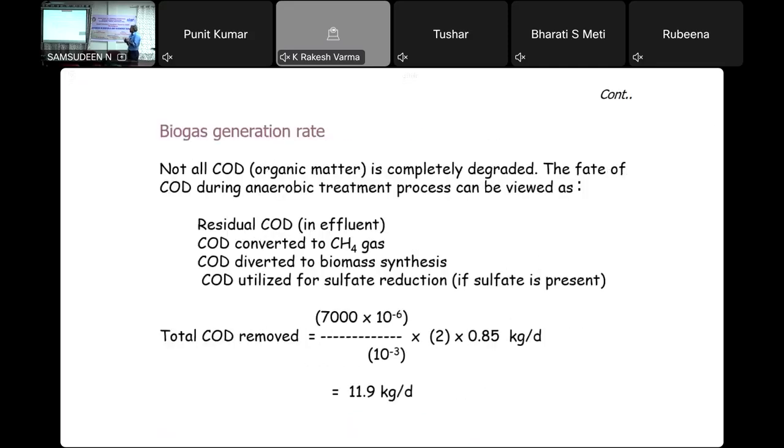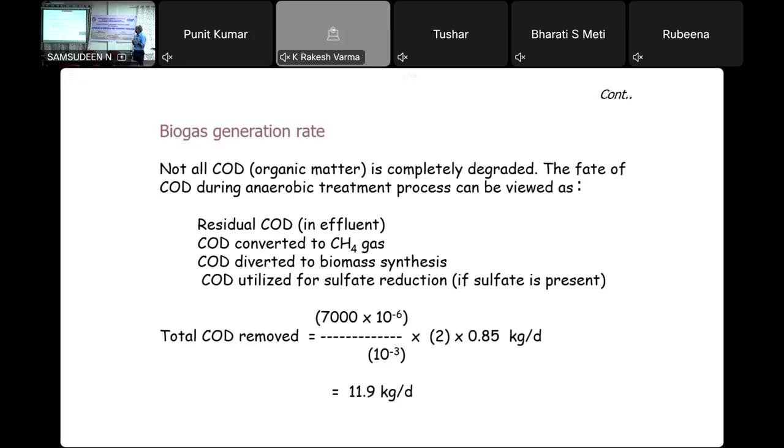Okay. So biogas generation rate. Not all COD is completely degraded. The fate of COD during the anaerobic treatment process can be viewed as follows: some of the COD is left in the effluent, not 100% converted; COD is converted to methane gas; COD is converted to biomass, and the 10% we already gave in the problem is converted to biomass; and COD is utilized if there is sulfate reduction.